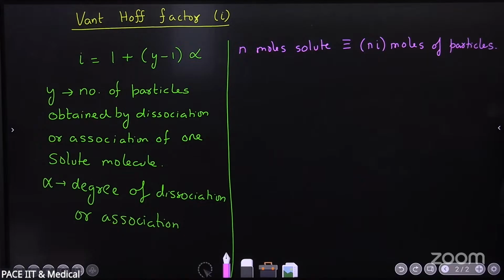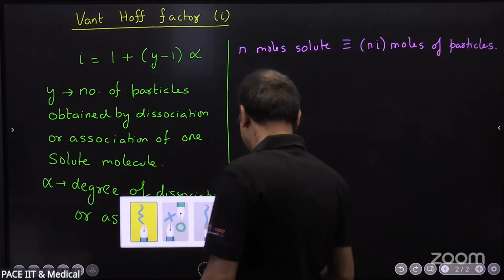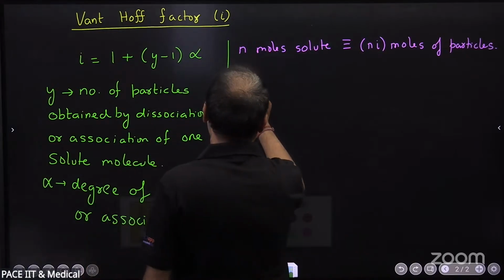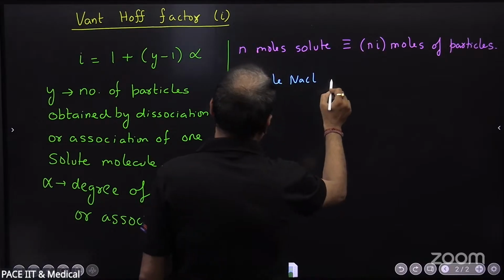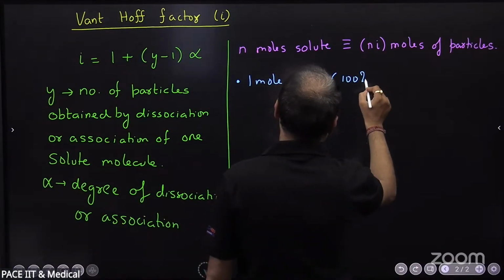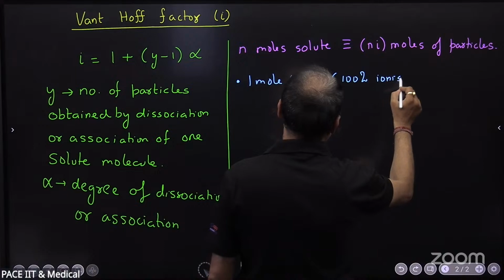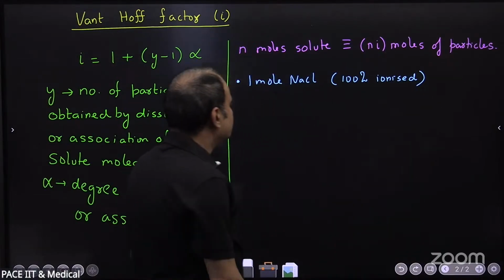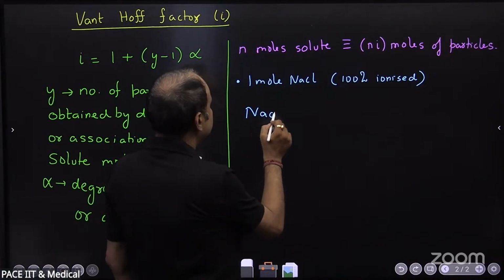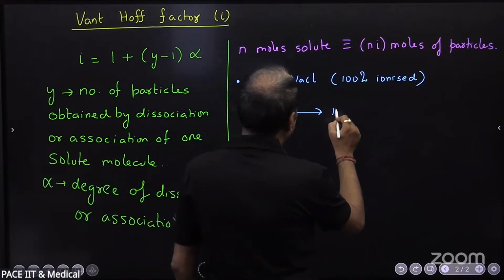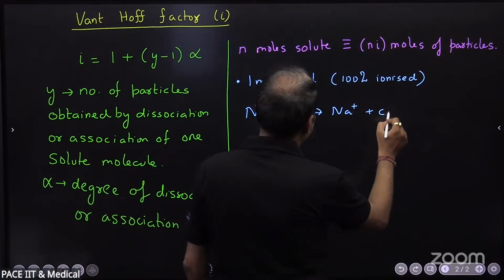So, for example, let's say I dissolve 1 mole NaCl, which is 100% ionized. So how will I calculate i? NaCl will dissociate as Na plus and Cl minus.